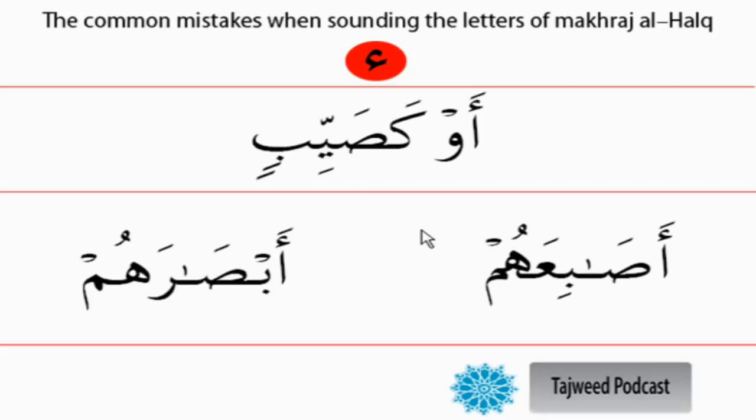So if you have the habit of saying a'udhu, aw. For example, if I read this ayah, I say aw kasayyibin, especially the letter waw. It is common even in some Arab countries that they make the waw heavy, but actually it is not a heavy letter.